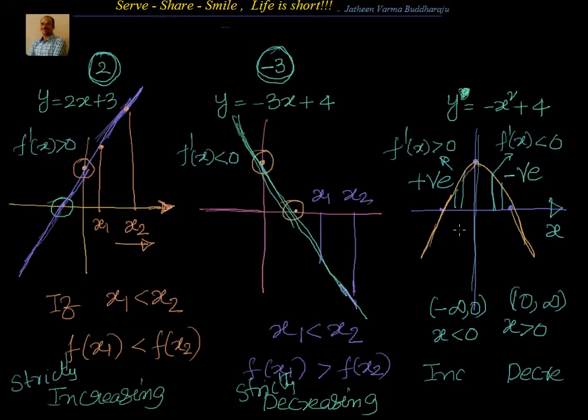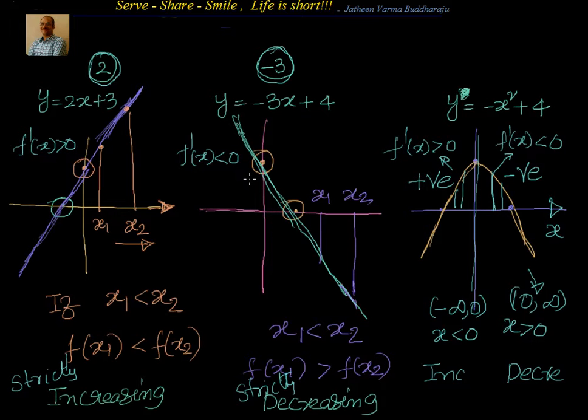If you see here in this curve, at any point I take and draw the tangent, you will see the slope is always positive. Similarly, in the second interval, between 0 and infinity, the slope of the tangent to the curve at any particular point is negative. So to find out whether a function is increasing or decreasing, I can just look at the derivative of the function in that interval and see whether it is positive or negative.